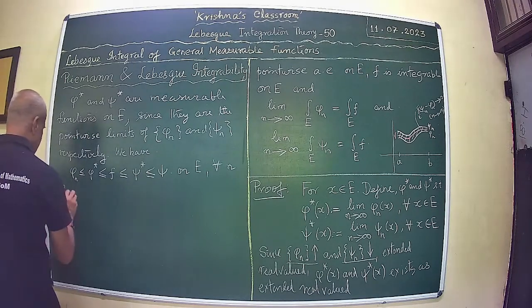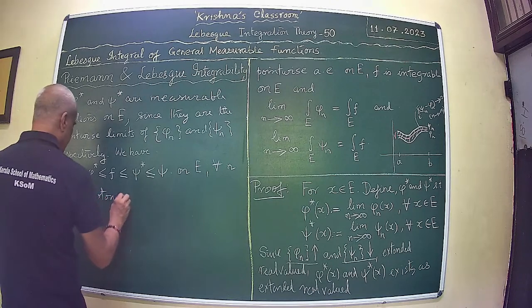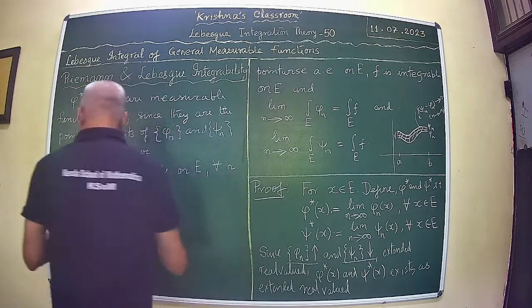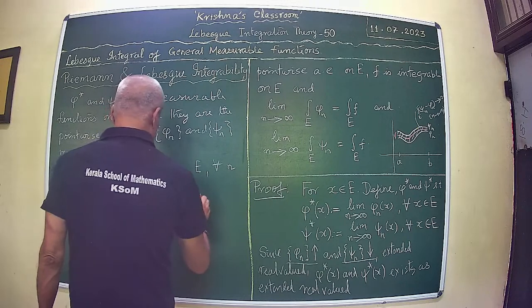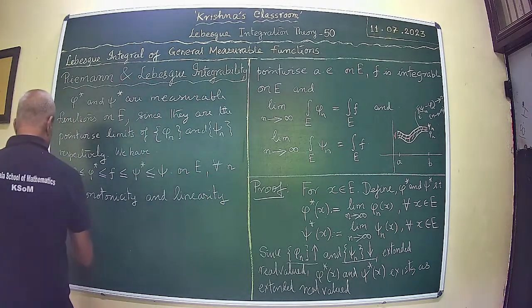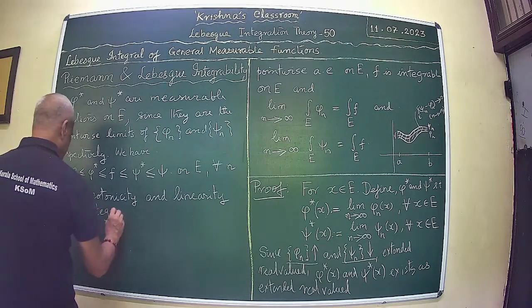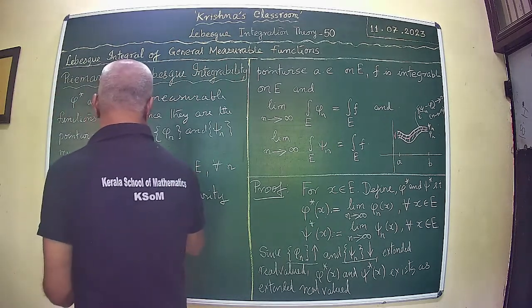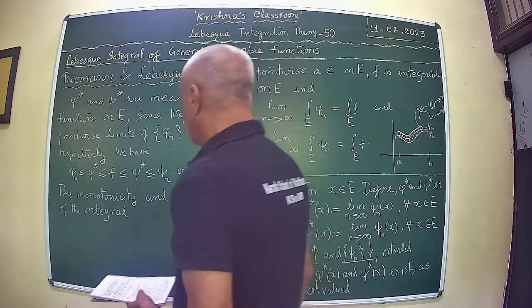By monotonicity and the linearity of the integral, you see, psi n minus phi n is integrable.